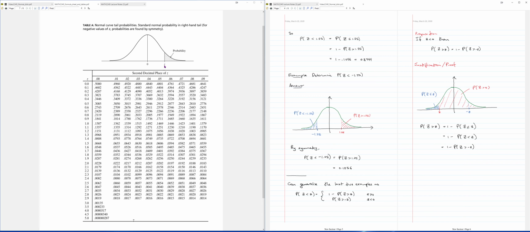But the problem with this is that it is not going to come from the table. For this table, the small z is never going to take any negative values.